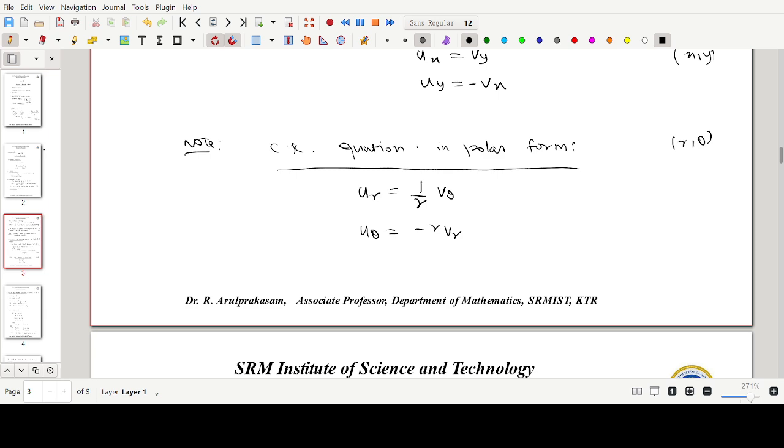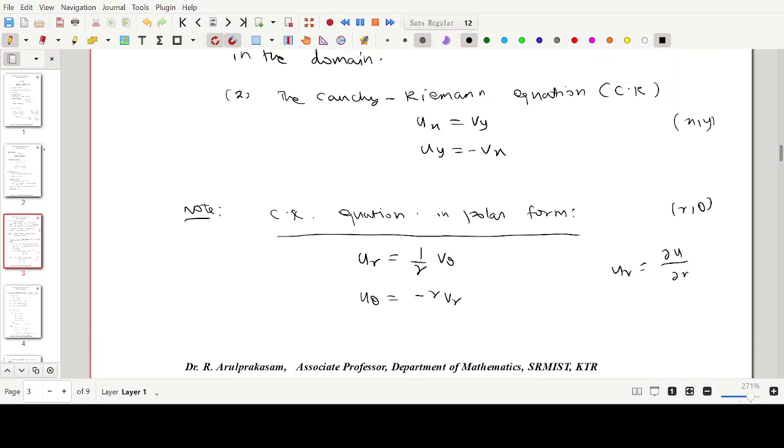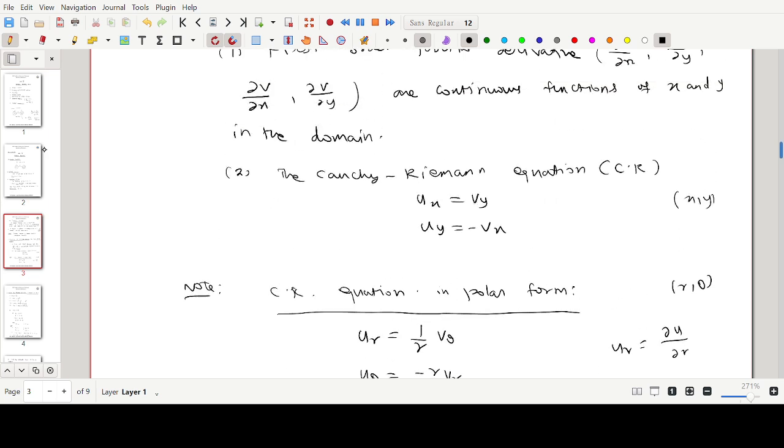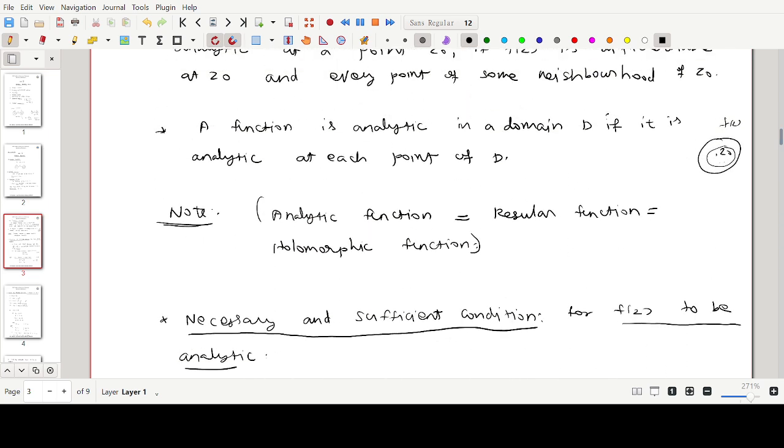First derivative with respect to r. What do you mean by Ux? First derivative with respect to x. Vy is first derivative with respect to y, like this. One more thing, the note is very important: an analytic function is also called a regular function or holomorphic function. These are all different names for an analytic function.